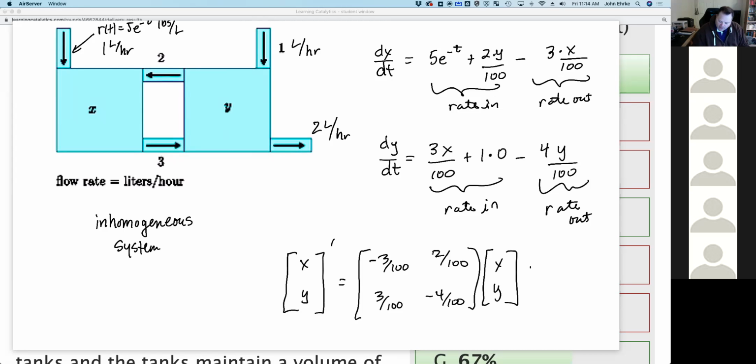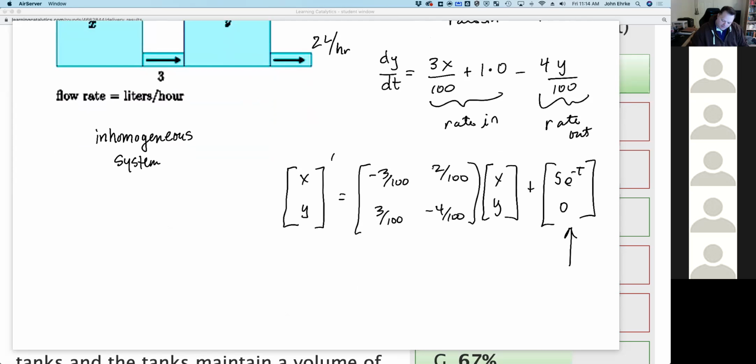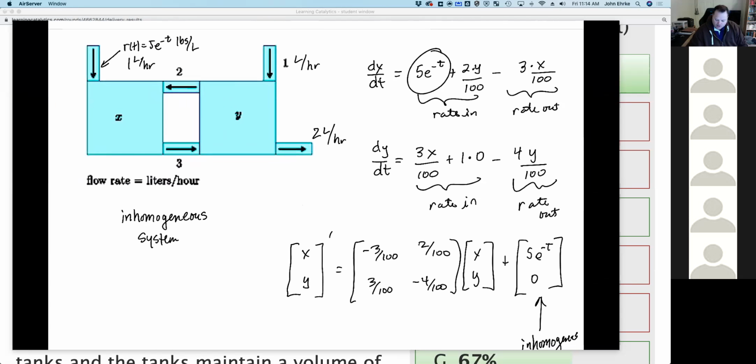And then you have this term here, which is all by itself, and that's what makes the system inhomogeneous. This is the inhomogeneous vector because it tells me what's flowing in from outside the system. Here, it was 0 flowing in from outside for the bottom, so that's why you have a component of 0 in the bottom. So this is what the system would look like in matrix form.